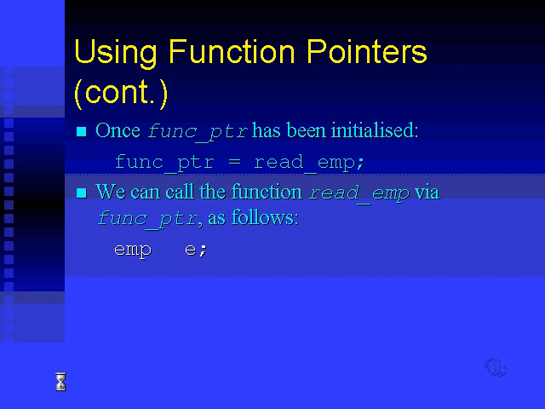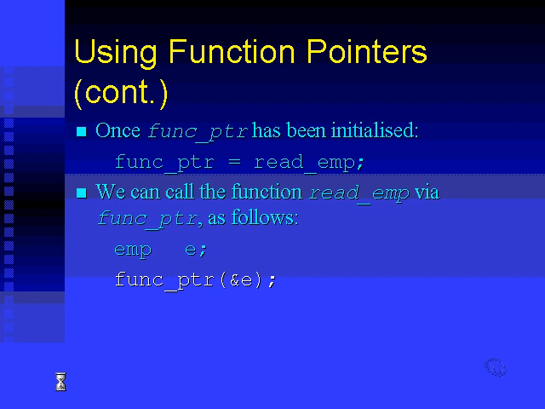Let's say we had an employee structure called E. We could simply call our function pointer as if it was a real function, and we could pass it a parameter, which in this case would be the address of the employee. In other words, we could treat function pointer as if it were really reademp. We've made an alias for reademp called function pointer.